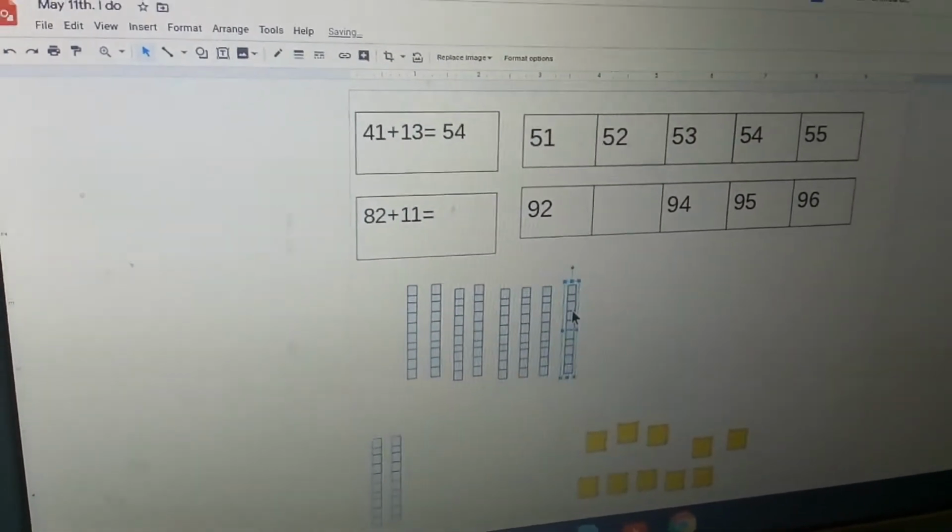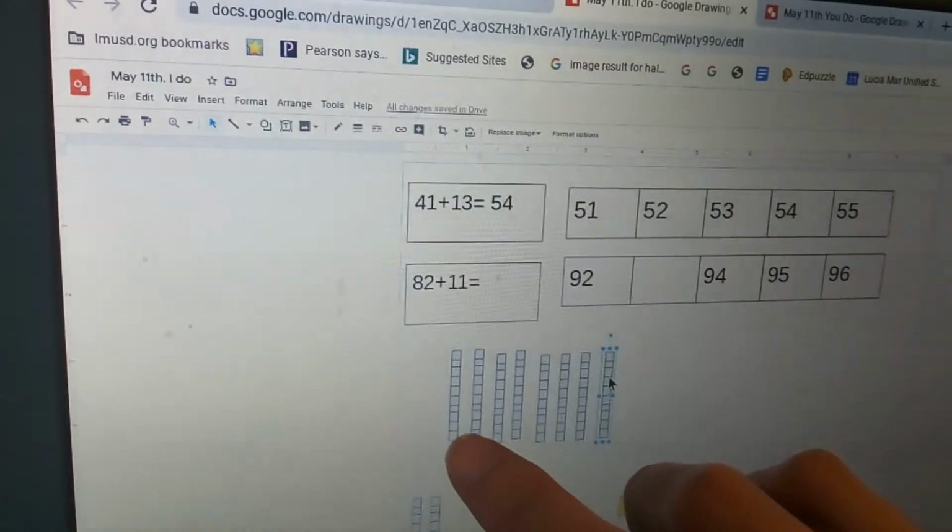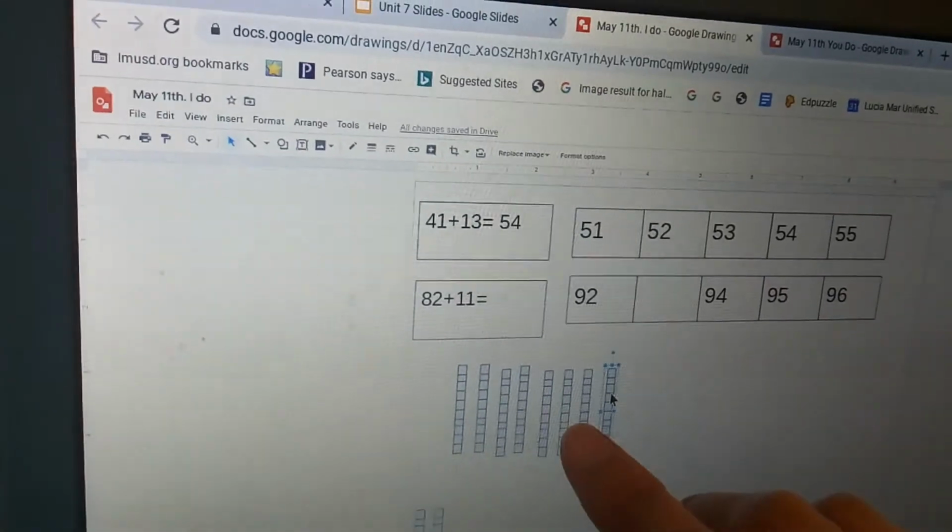And if I want to make sure, I could always count by ones too. 1, 2, 3, 4, 5, 6, 7, 8.